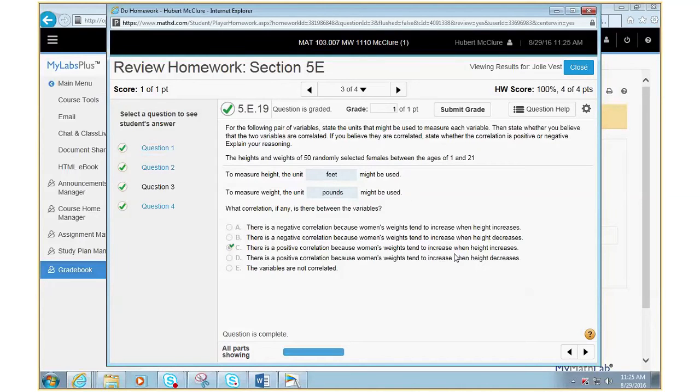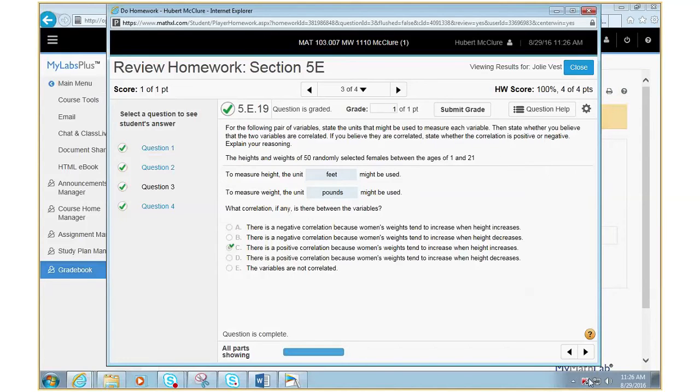Well, that's it. The following pair of variables state the units that might be used to measure each variable. Then state whether you believe the two variables are correlated: the heights and weights of 50 randomly selected females between the ages of 1 and 21.